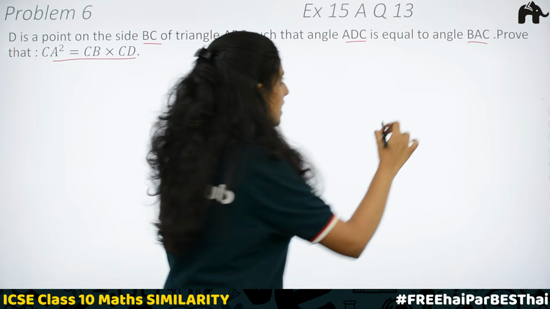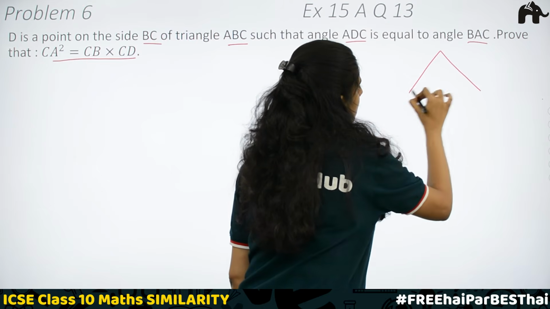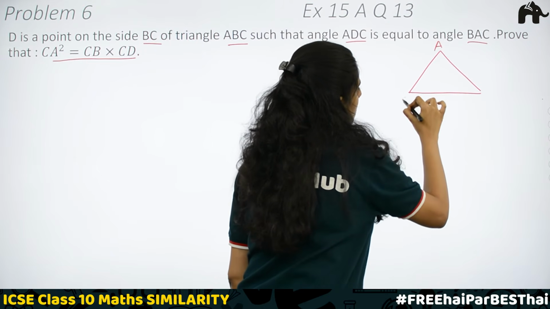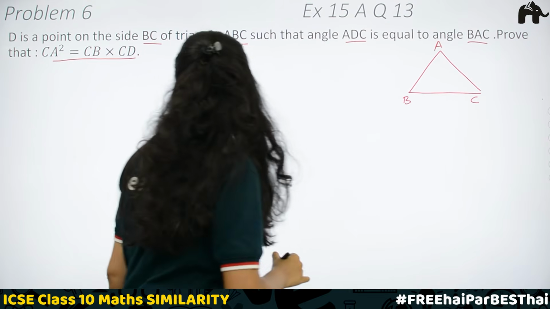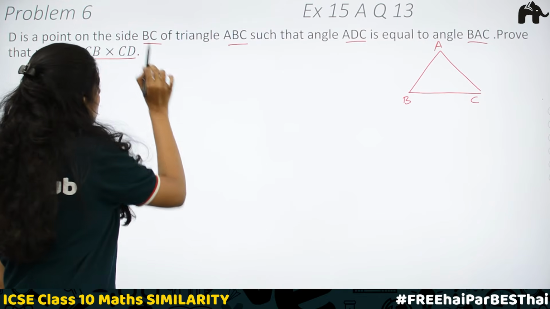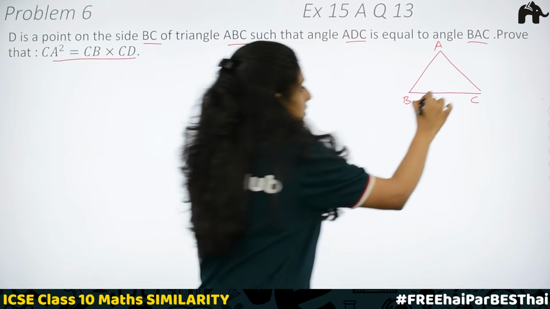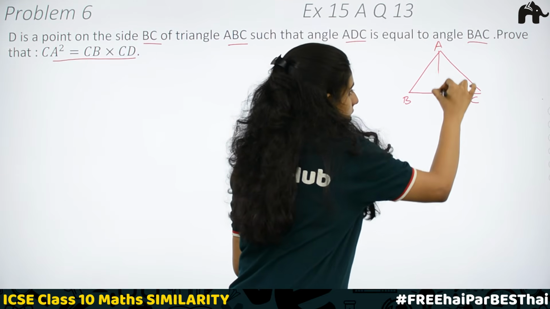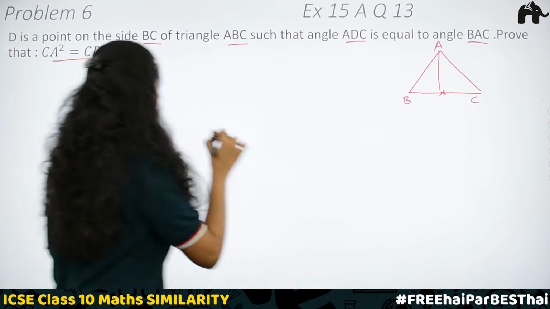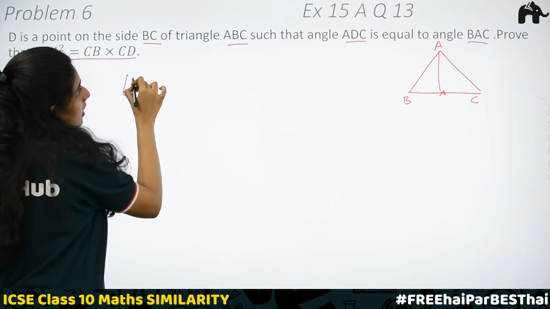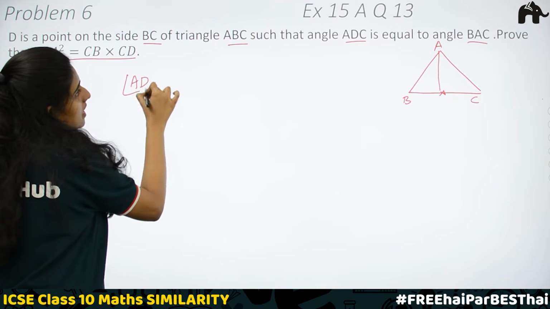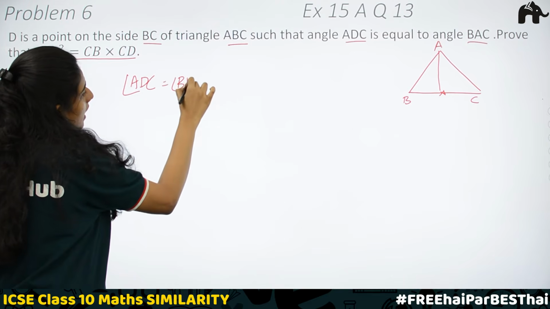Let us consider a triangle ABC. D is a point on the side BC of triangle ABC. So here we have a point D and I am joining this. It is given that angle ADC is equal to angle BAC.